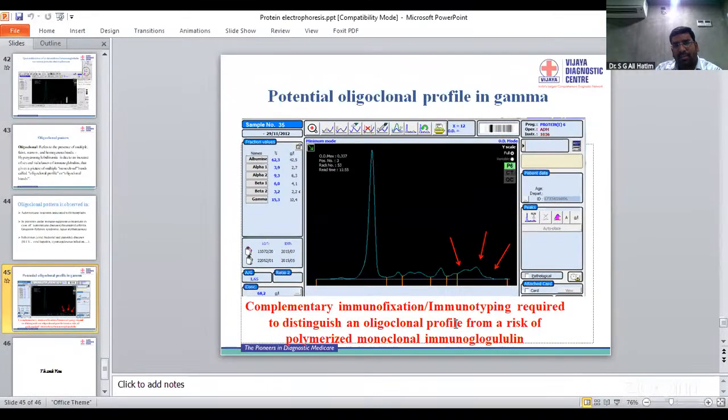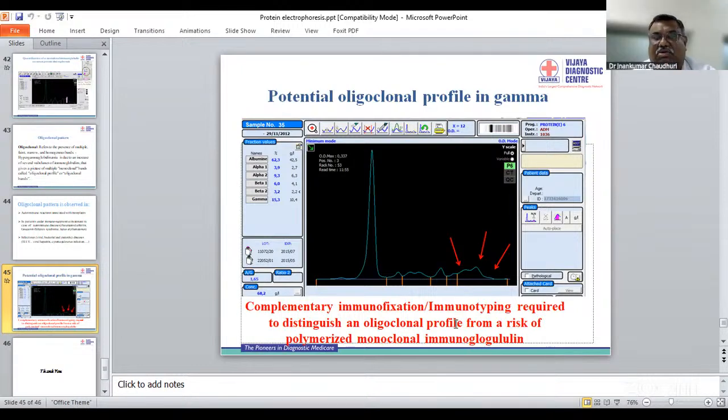To differentiate interference from an actual monoclonal immunoglobulin, we run the sample for immunotyping or immunofixation. There are chances that monoclonal patterns can be seen in all regions except albumin and alpha 1. Very rarely we get them in alpha 2, but we can have a monoclonal pattern in alpha 2, beta 1, beta 2, along with the gamma region.